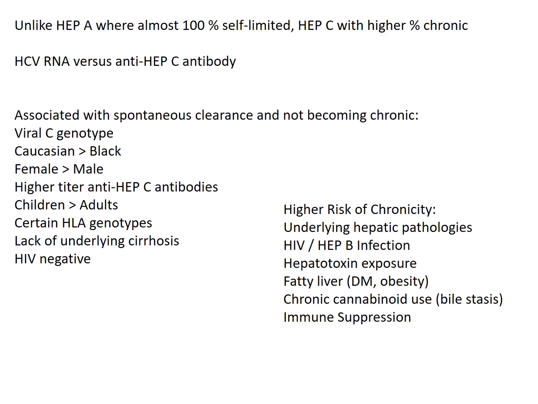Good to understand that people with other underlying chronic liver problems, people who are infected with HIV or Hep B, individuals who are abusing themselves with other hepatotoxins, which includes chronic cannabinoid use, which can lead to biliary stasis, and obviously immune suppressed individuals, have a much higher risk of going on to developing chronic Hep C infection.